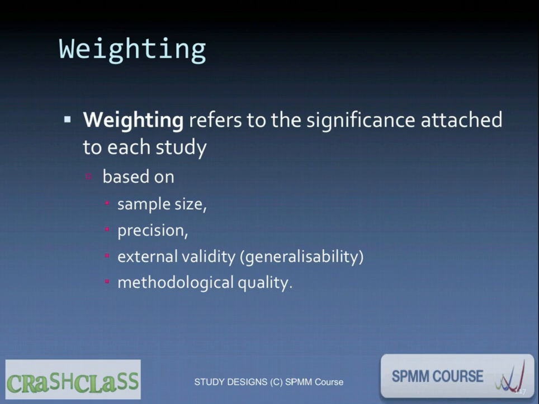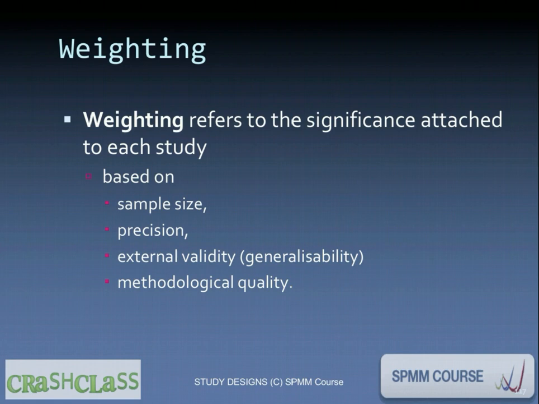So what are the different properties or qualities of each individual study that we use in order to give the weighting value? Number one, the most commonly used parameter for weighting is sample size. The larger the sample size of an individual study, the larger the weighting we will give. Okay, precision. If the results reported in an individual study are very precise, then we will give a higher weighting to that study.